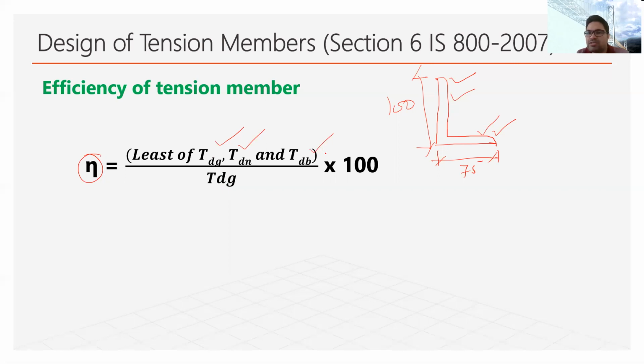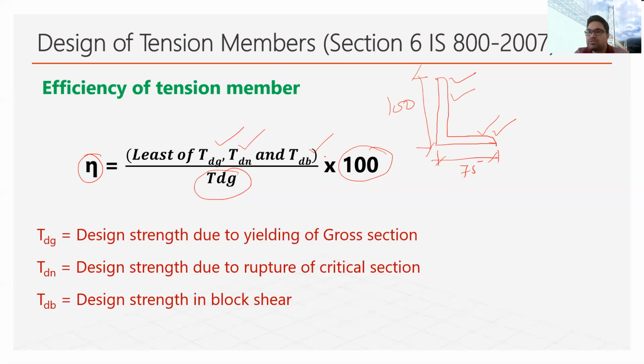We find the strength of the member in all three terms, and whichever is the smallest will be the strength of that member. Finally we divide that by Tdg, the gross yield strength, and we get the efficiency in terms of percentage. This is where we use efficiency to get the effectiveness of the tension member.